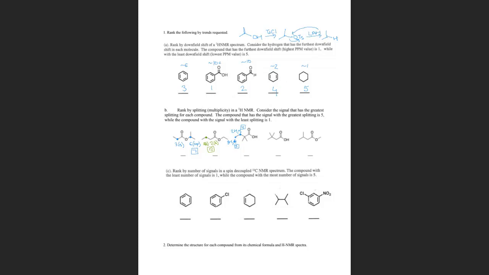So it itself is 2 hydrogens, but it's next to 3 hydrogens. So those 3 hydrogens that it's next to is what gives you your quartet. Does that make sense?